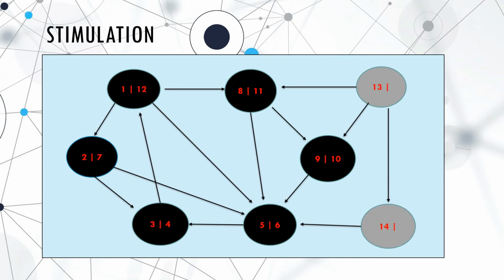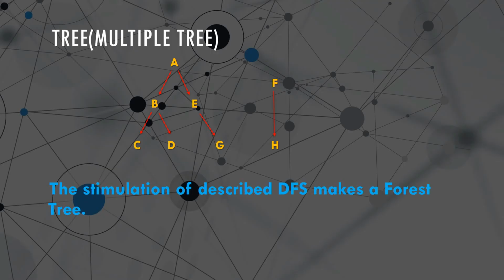Again, we then traverse to node H, putting 14 as its discovery time, and its color becomes gray as well. Lastly, for nodes H and F, we put 15 and 16 as their finishing times, and overall the color becomes black in all the nodes. This simulation causes the color of all the vertices to turn from white to black as they finish discovering. Then if we implement this simulation as a tree, it will form multiple trees, that is a forest.